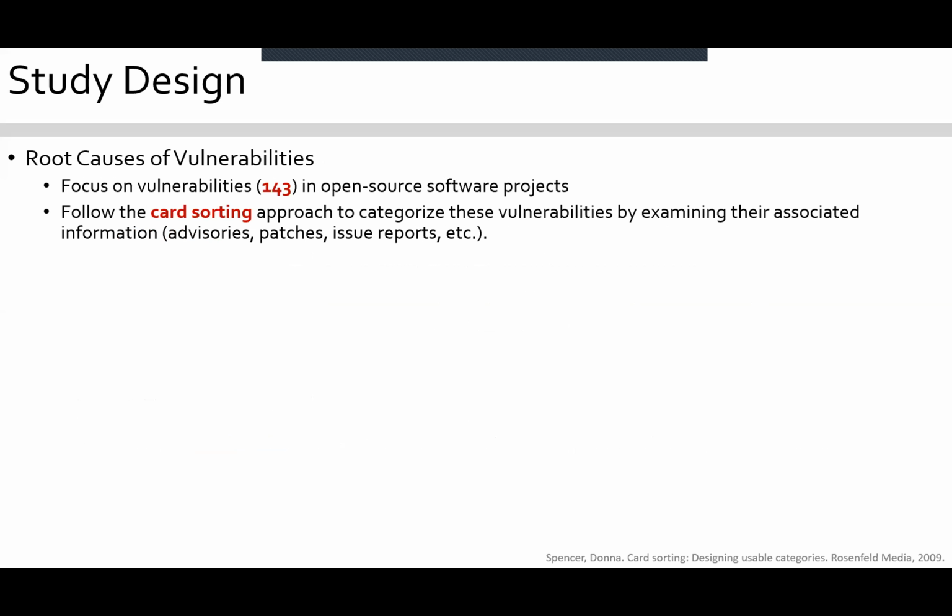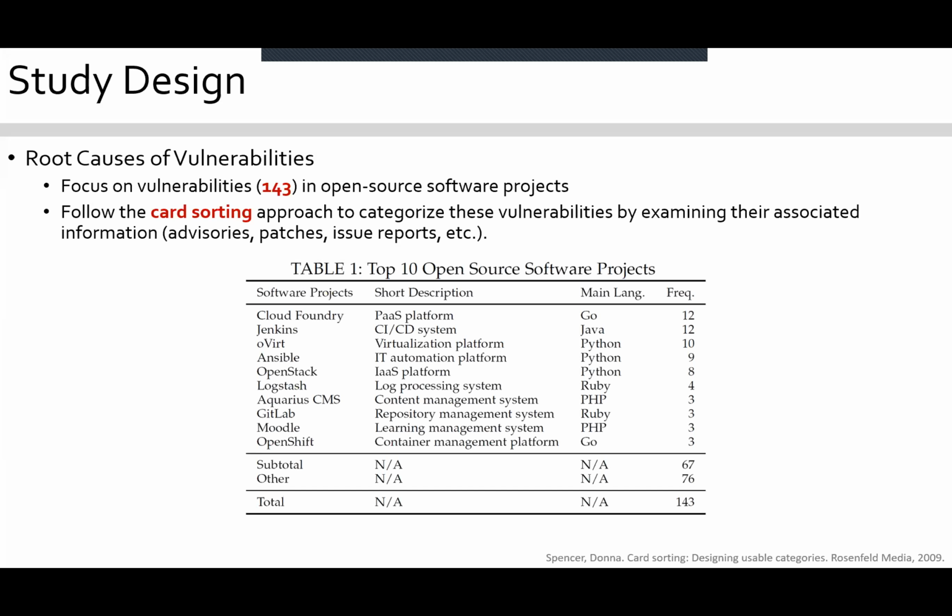As for the root causes of vulnerabilities, we focus on the vulnerabilities in open source software projects. This table shows the top 10 open source software projects according to the number of associated vulnerabilities. We can see that in our study, there are 143 vulnerabilities in open source software projects.